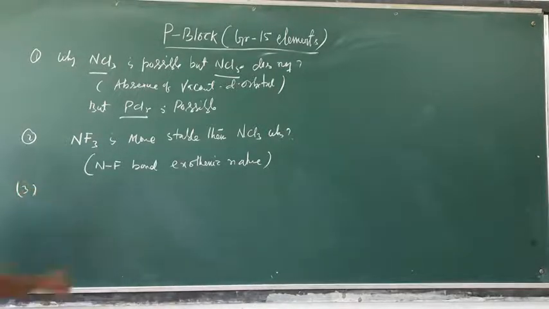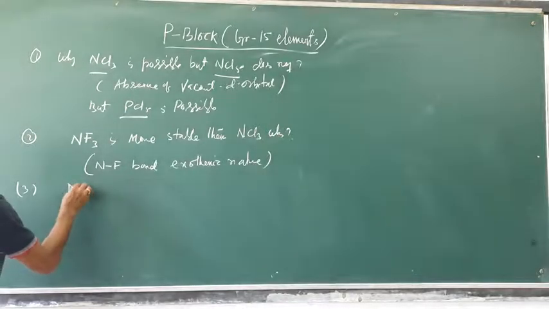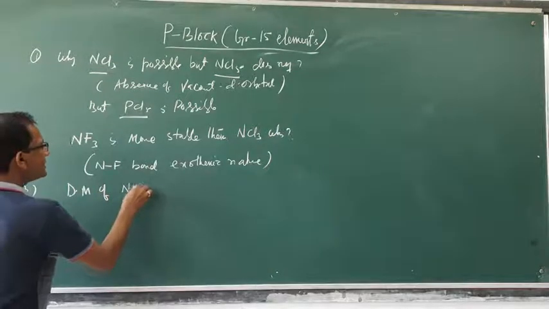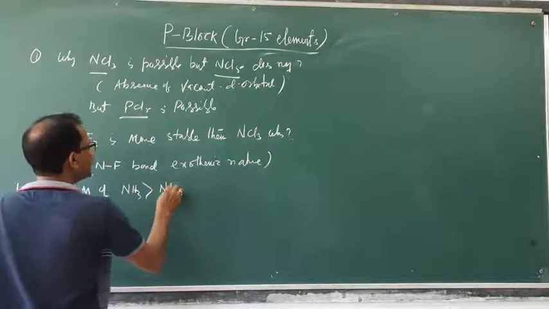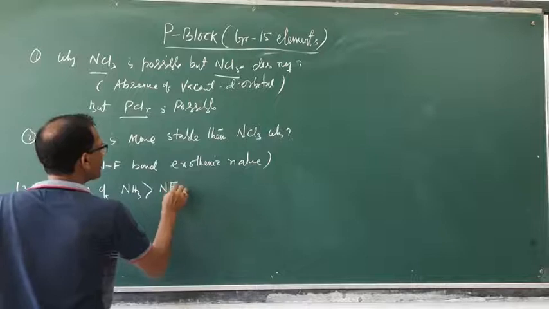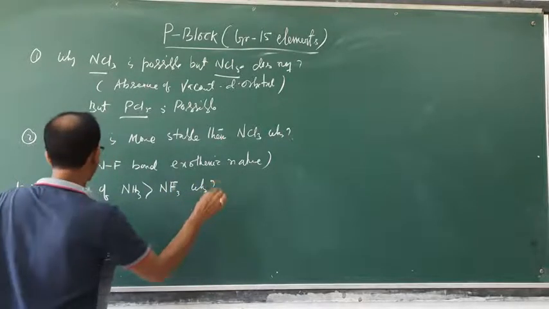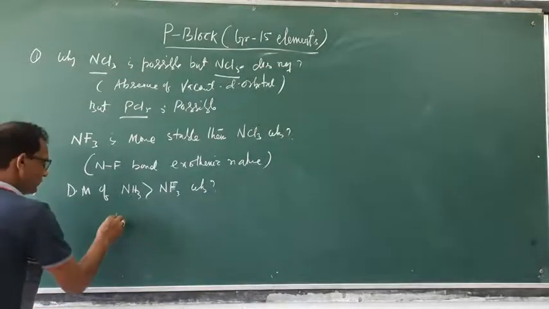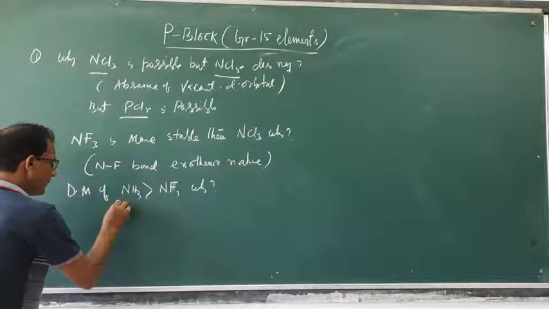If you see the dipole moment, NH3 is greater than NF3. Why? The dipole moment of NH3 is greater than NF3. If you compare, you see NH3 having a lone pair.